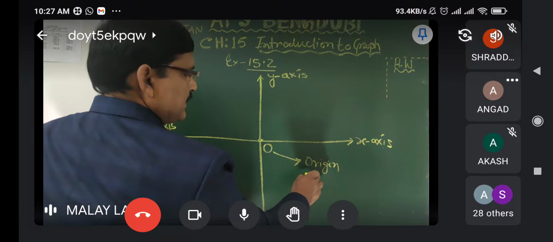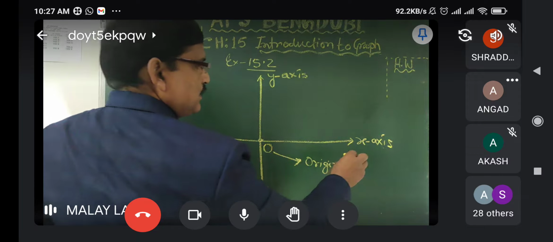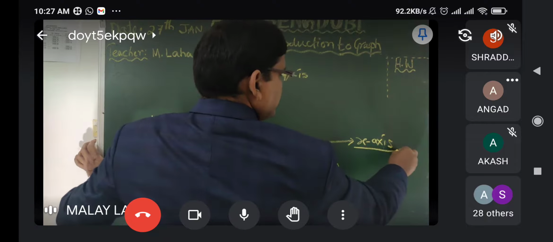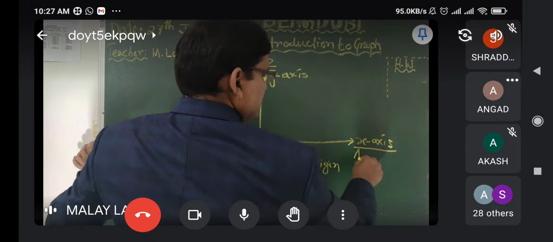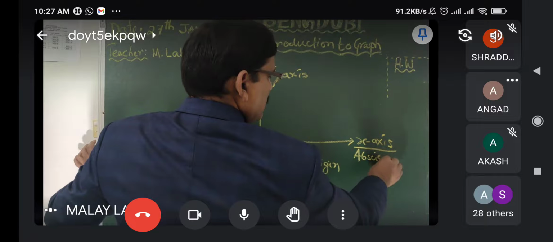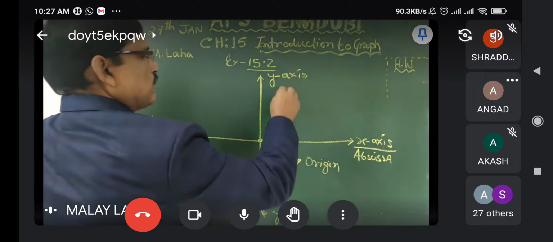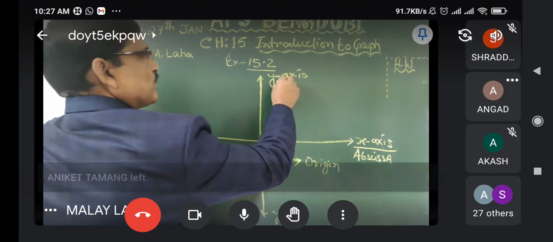Its name is origin. Another name for the x-axis is abscissa, A-B-S-C-I-S-S-A. Another name for the y-axis is ordinate.